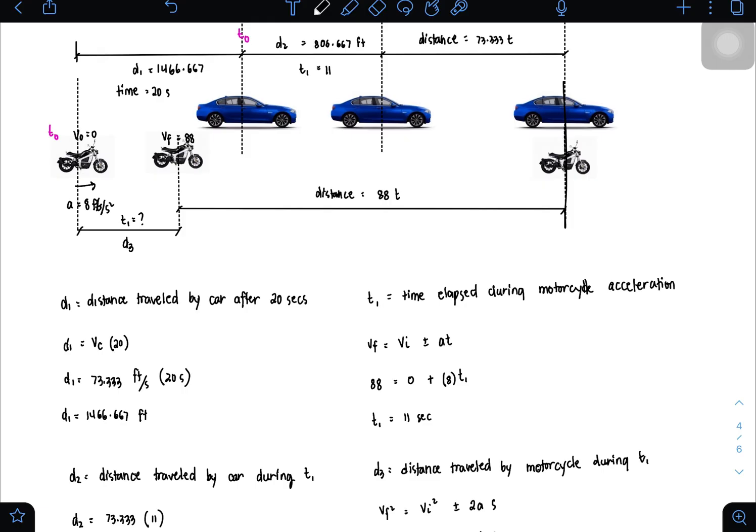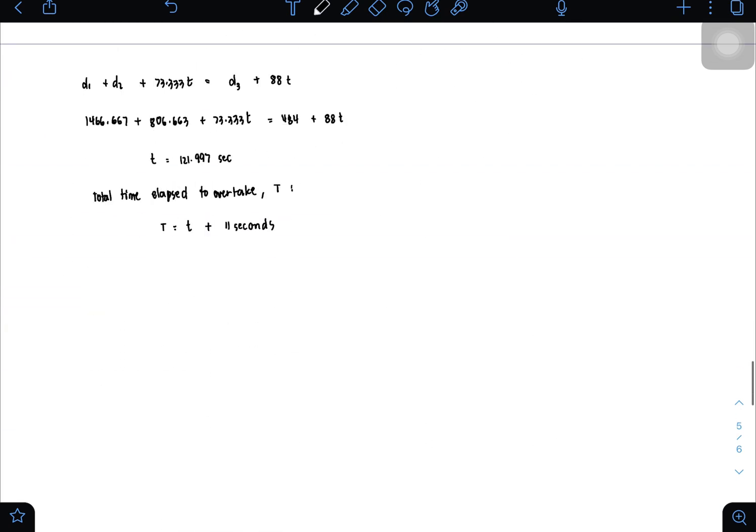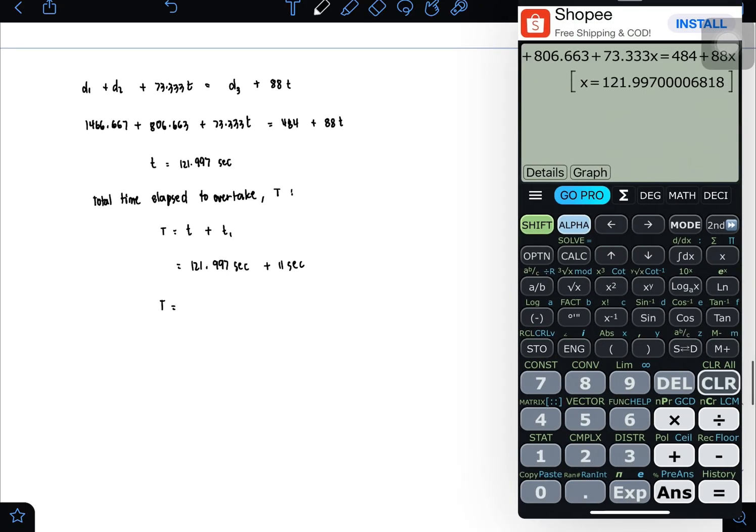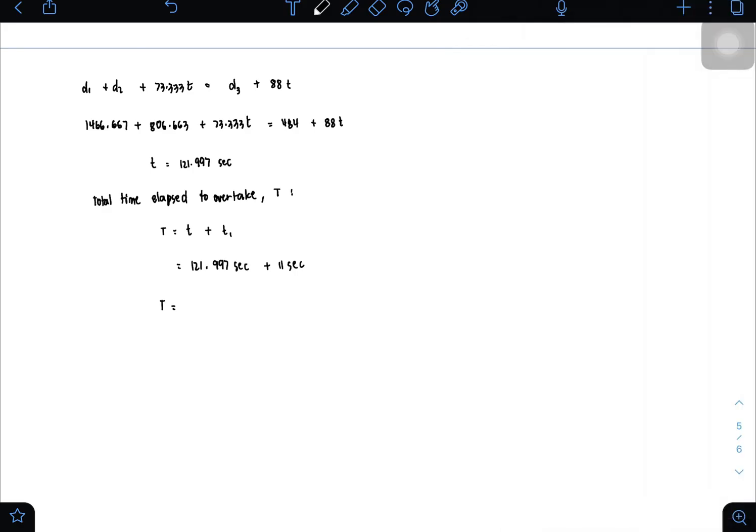So, therefore, we're gonna add this 11 and t here. This is t1. So this is 121.997 seconds plus 11 seconds. So the total time is 121.997 plus 11, which is 132.997.